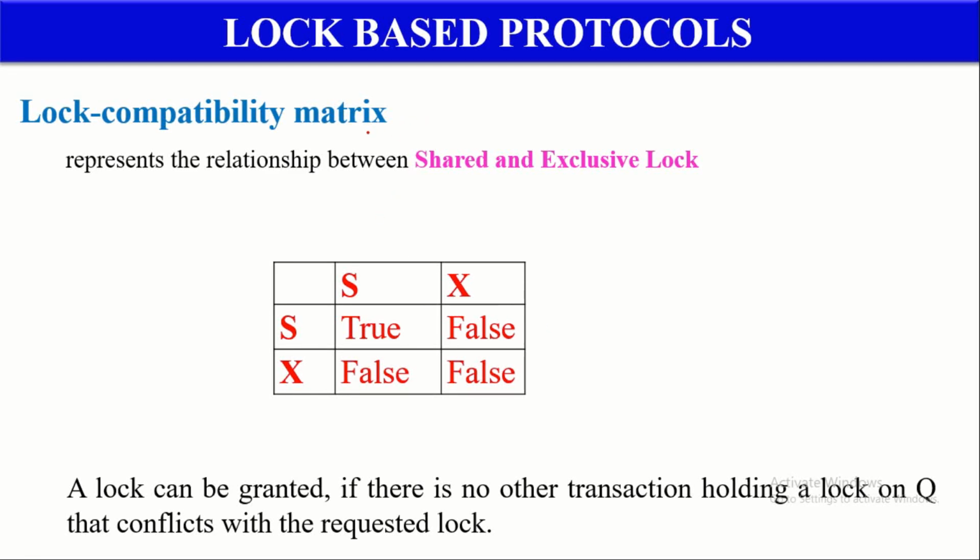Here, the concurrency control manager uses a lock compatibility matrix for granting of locks whenever a transaction requests for locks. According to this lock compatibility matrix, consider the case where locks, shared or exclusive, are currently held by transactions.